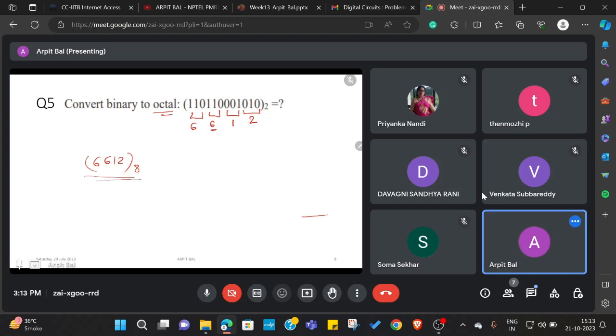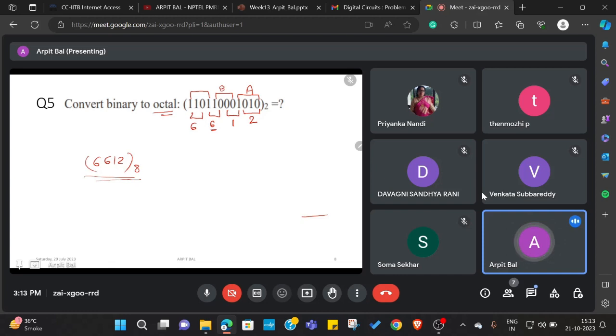Okay. So had it been asked to convert binary to hexadecimal, what you would have done is taken a group of 4 bits. 4 bits here, 4 bits here, 4 bits here. Okay. Then it would have been something else, right? 1010 is A, and 1 and 4 zeros, it is 8.